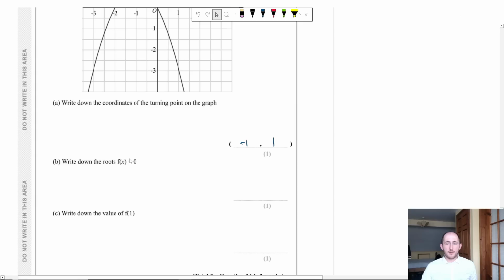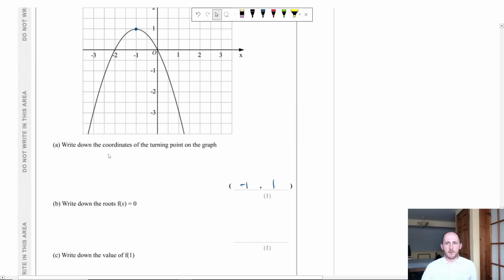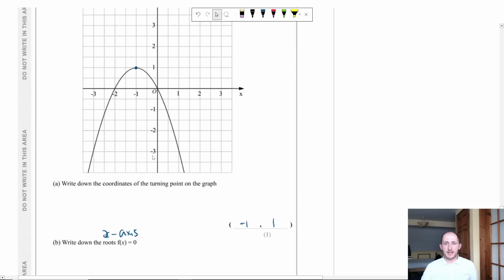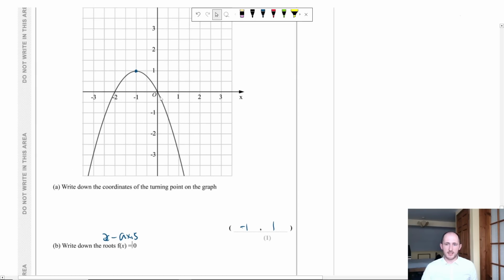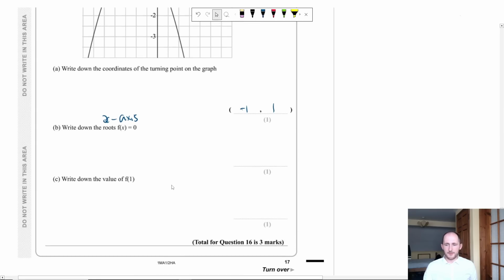When it says write down the roots, so f of x equals 0, roots just mean solutions, right? But the best way to think of it is it's always where it crosses the x-axis, okay? If it equals 0. So if it's f of x equals 0, or the roots of the equation equals 0, whatever it is, it's the solution. So it's wherever it crosses 0, which in this case is -2 and 0.